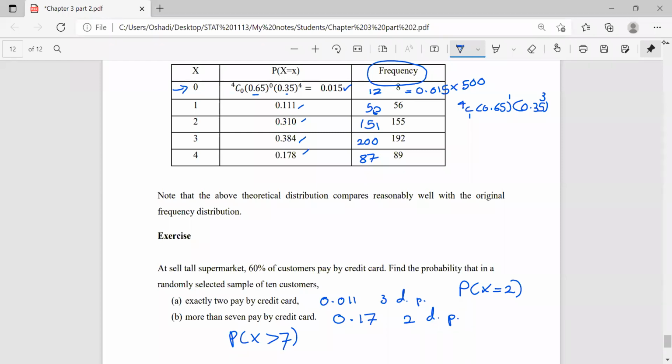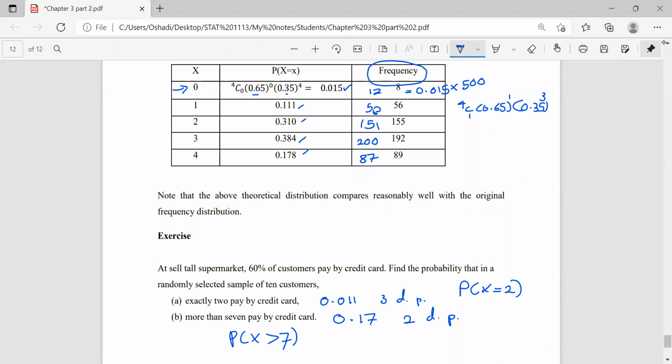So just try those examples at home and try to obtain the given answers. Okay. So if you don't have any problems, then let's move on to the next part of the chapter.